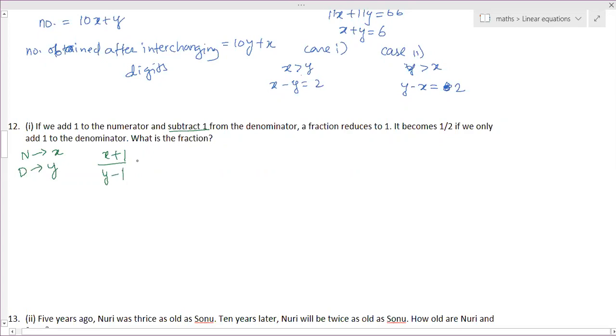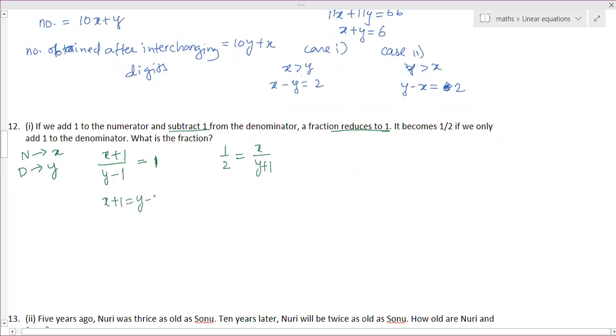Then the fraction reduces to 1 by 2. So 1 by 2 equals x by y plus 1. Then cross multiply and find the two equations.